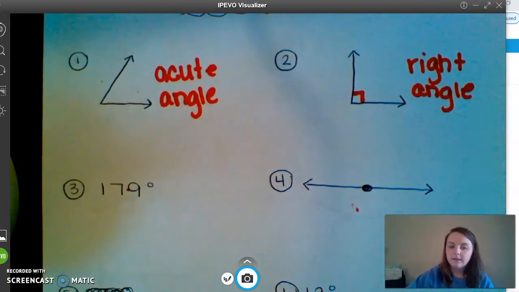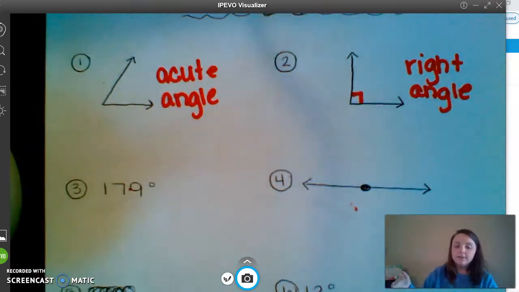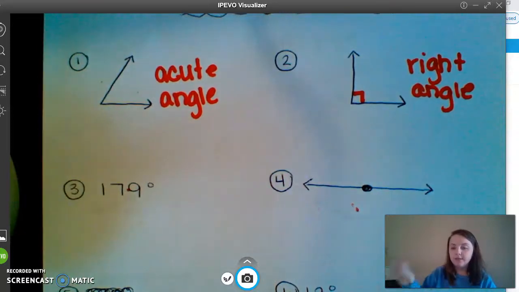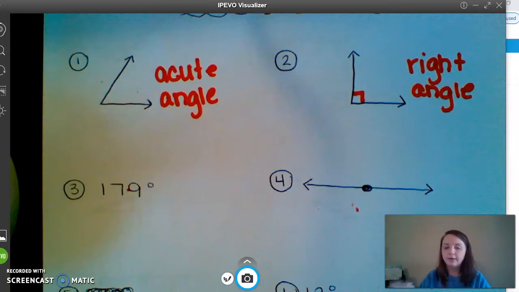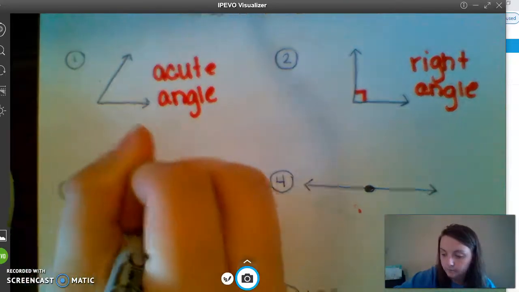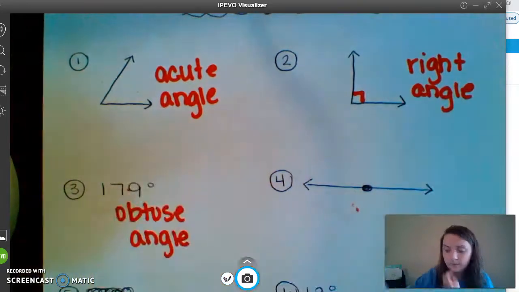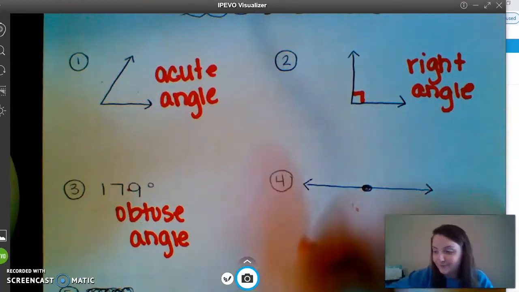The next one's an actual measure, in degrees, of the angle. So 179 degrees. Well, that's less than 180, so it can't be a straight angle because it's not exactly 180, but it's greater than 90, so it's a big angle. That means it's an obtuse angle. Okay, this one, number 4, makes a straight line. So what kind of angle is that? It's a straight angle.